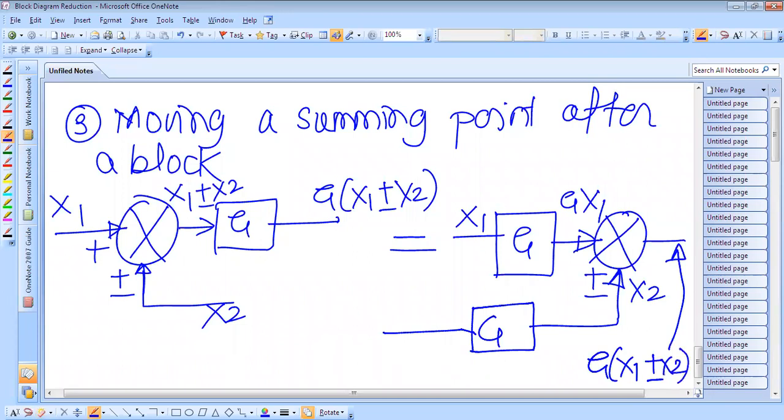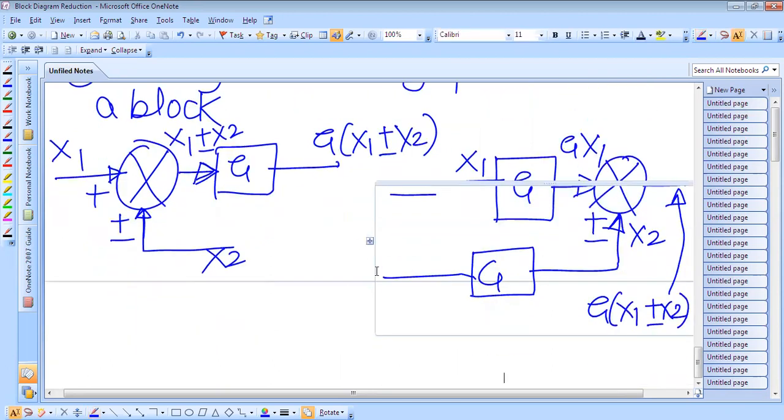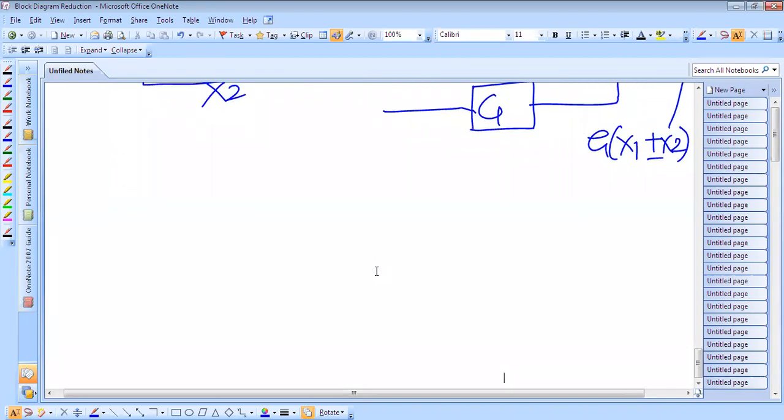In this way we have shifted this summing point after the block, and there is no effect on the output of the system. The output remains as it is. So this is how we can reduce the complicated block diagram for the sake of simplification, either by moving the summing point after the block or before the block. Now the next rule is moving a summing point ahead of the block.